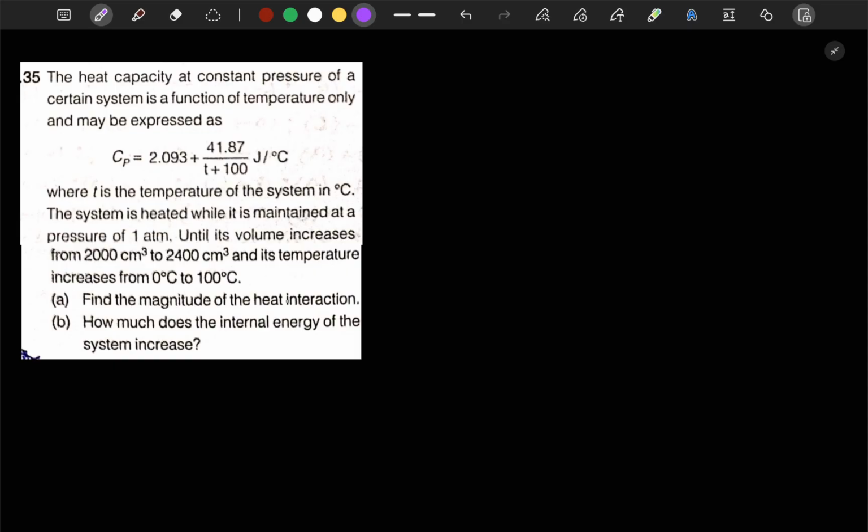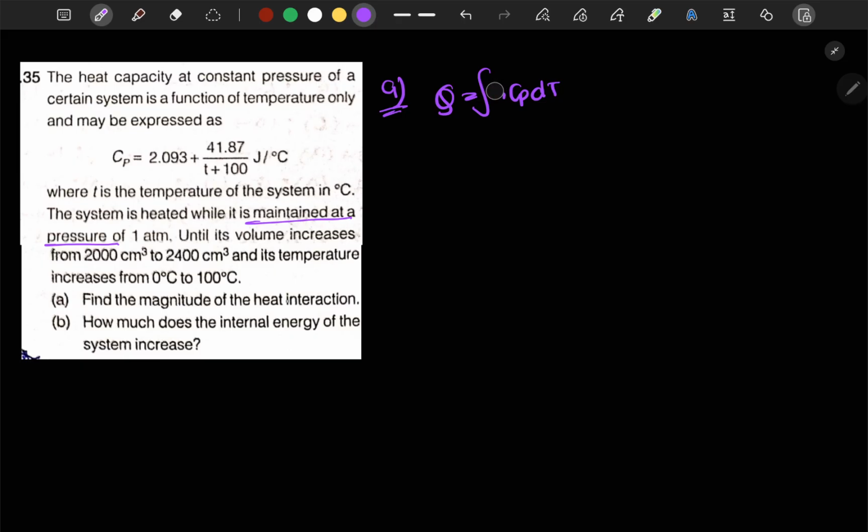Since it is constant pressure heat capacity, and it is mentioned that it is maintained at 1 atmosphere, for a constant pressure process the heat interaction is equal to the integration of m Cp dT.